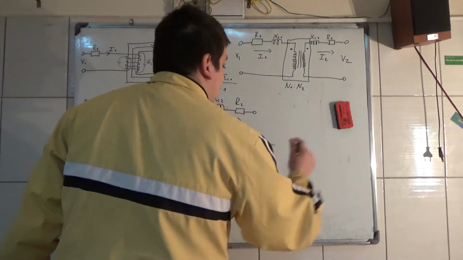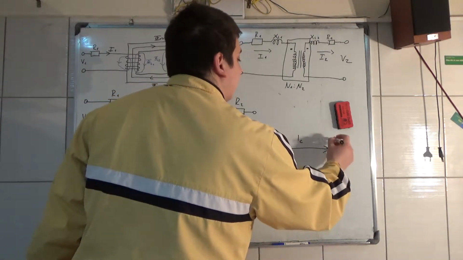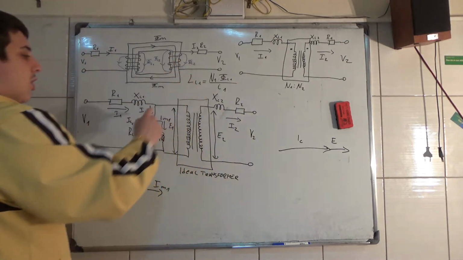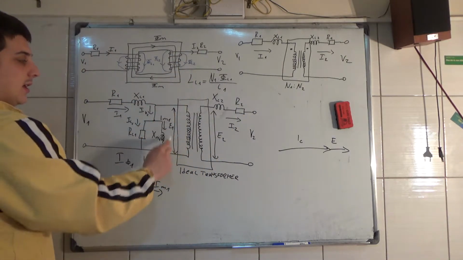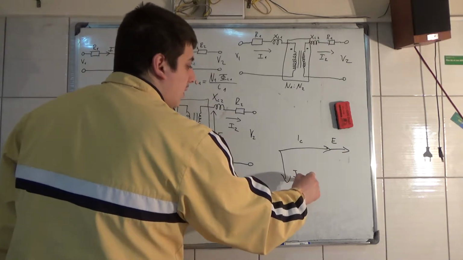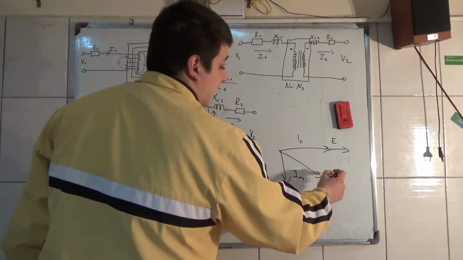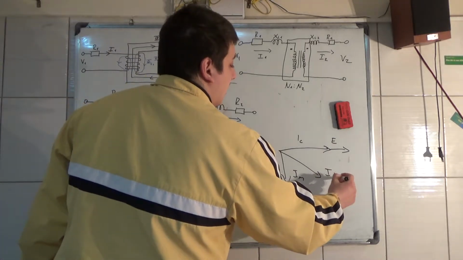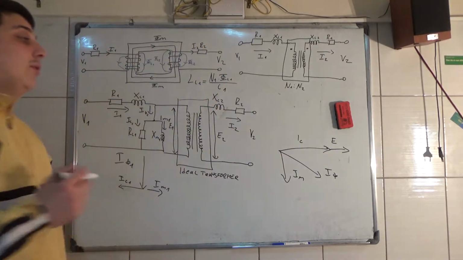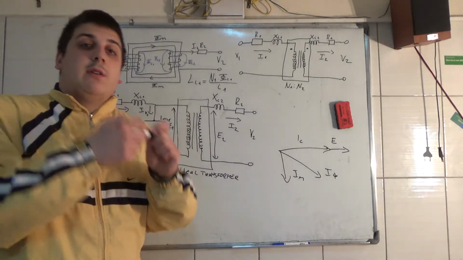And you know that IC is in phase with the induced voltage on the windings here, and you know that IM is perpendicular to it, and the exciting current is something like this. And we calculate it with the Pythagoras theorem.